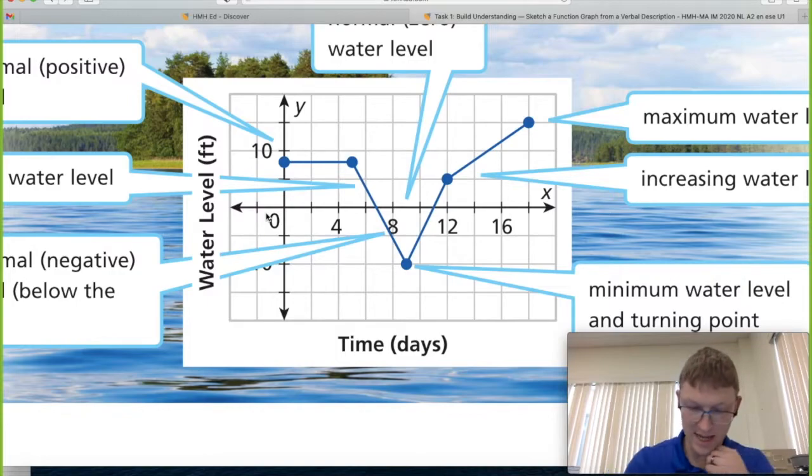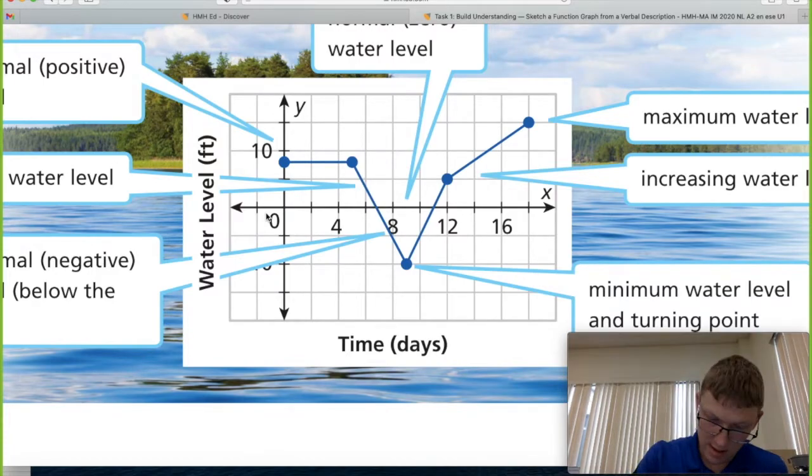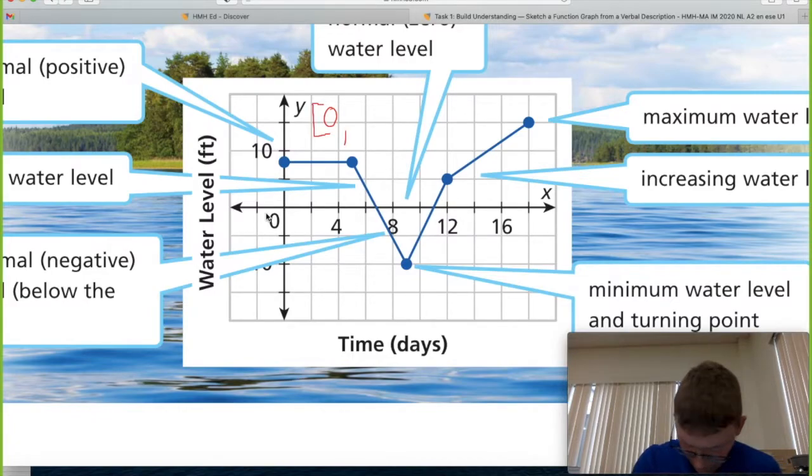So if I were to ask you, what interval is this graph positive, you would say 0 to 4, 7. We'll pretend that that's 7. So that is where it is positive.